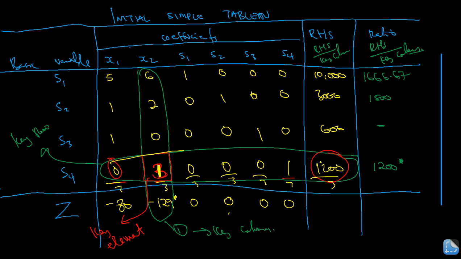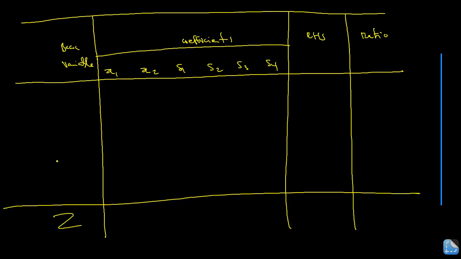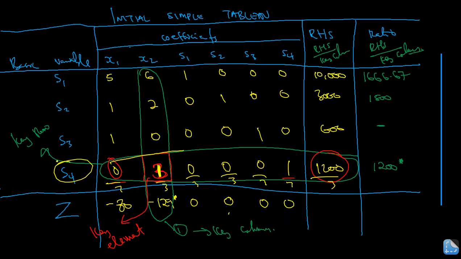As you bring your values into the second table, this S4 will become redundant. The terminology we use is the intersection between the key column and the key row. The basic variable, the S4 here, becomes redundant. We don't need it, so it is going to leave our table, and X2 is going to replace it.